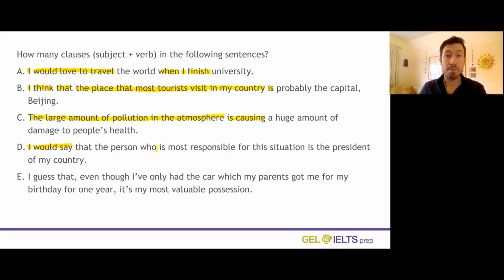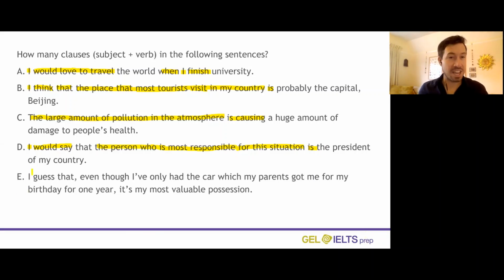And actually, when you've got "who" as the relative clause, this is a subject and this is a verb, "who is". And then we've also got "the person who is most responsible for this situation". All of that is one big subject, and the "is" here is a verb. So you've actually got 3 subjects and 3 verbs. So you've got 3 clauses in that sentence.